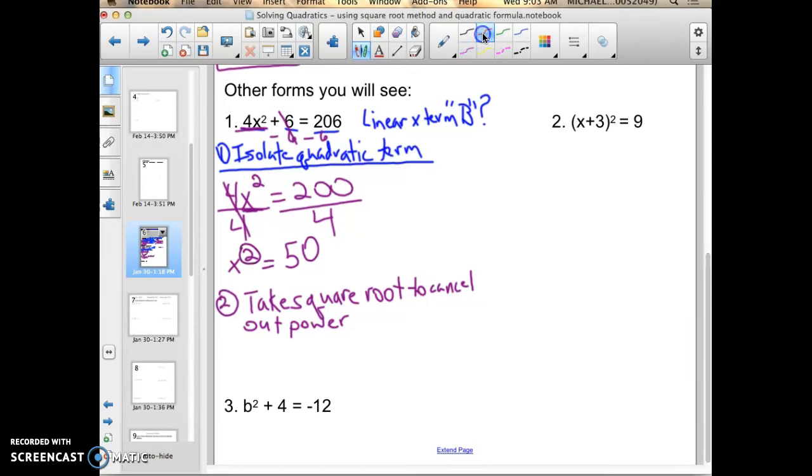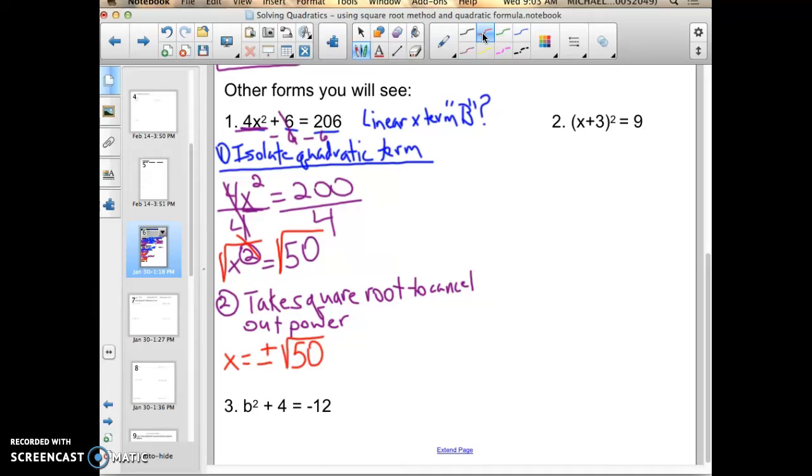So, if I take the square root on this side to cancel that out, I have to do it on the other side too. That cancels it out, so I'm left with x equals plus or minus the square root of 50, right?